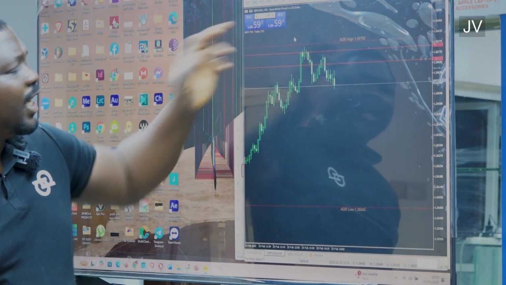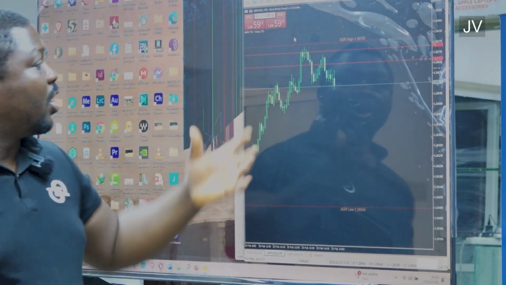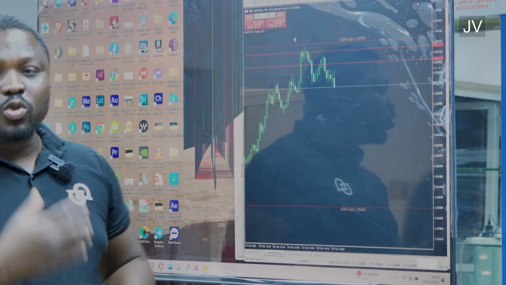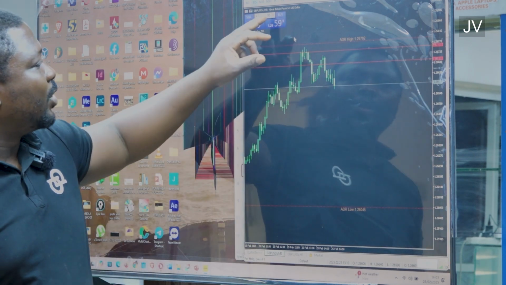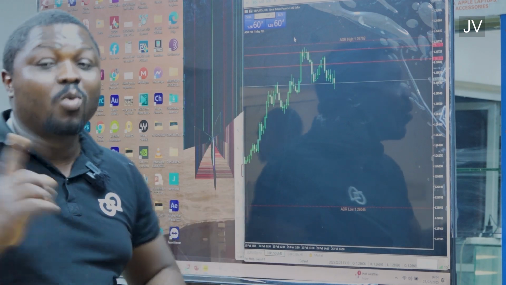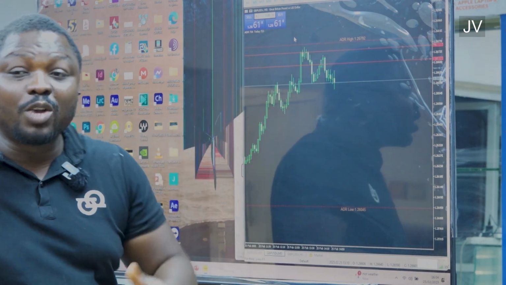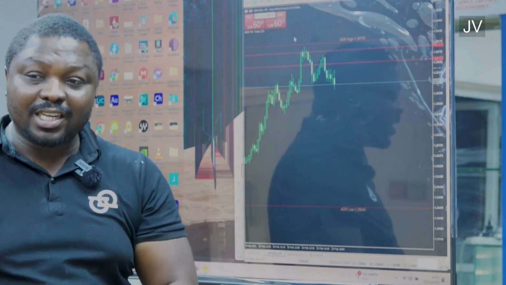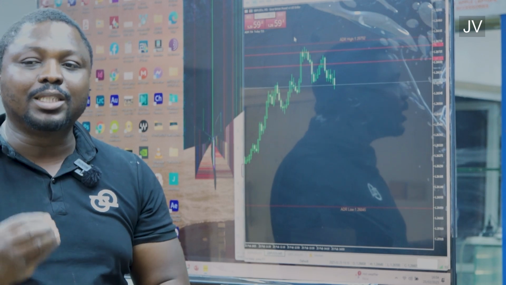So this is one lot size. Now, each of these lot sizes matters. You need to know the value. The person that is using 0.01 and another person using one lot are not going to be losing the same money.